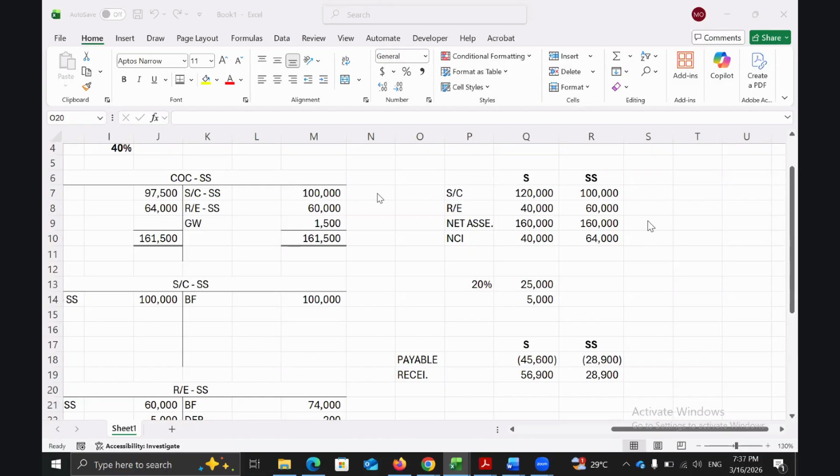Yes, good. Bank balance should be reduced, and at the same time, what should happen to this payable balance?